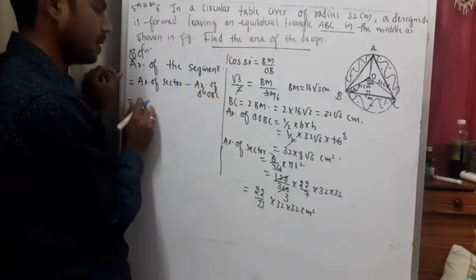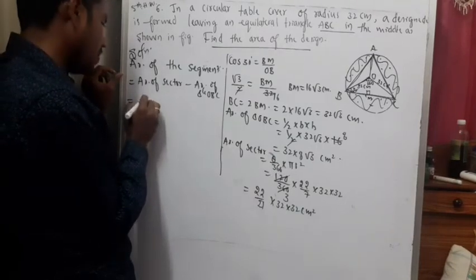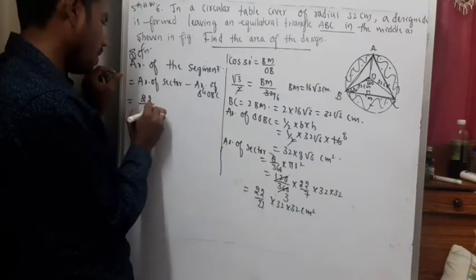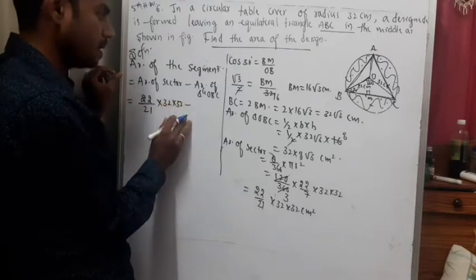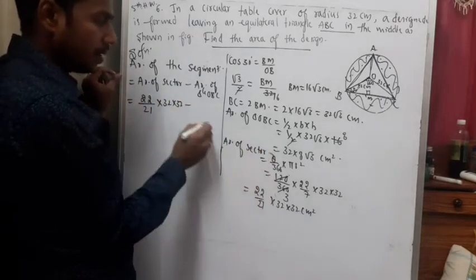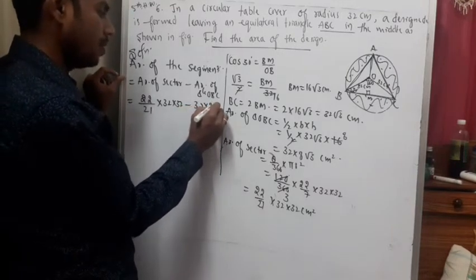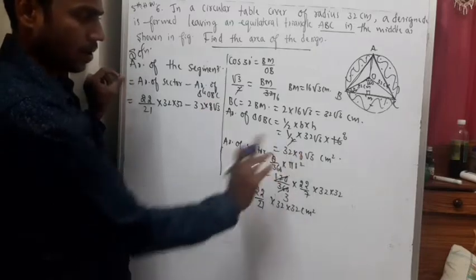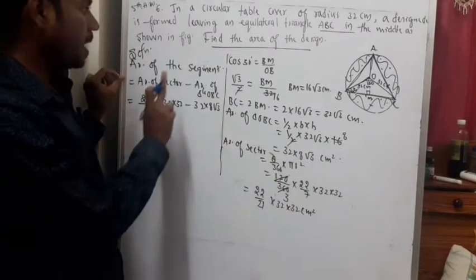The area of sector is 22 divided by 21 into 32 minus the area of triangle, 32 into 8 root 3. So this is the area of one segment.